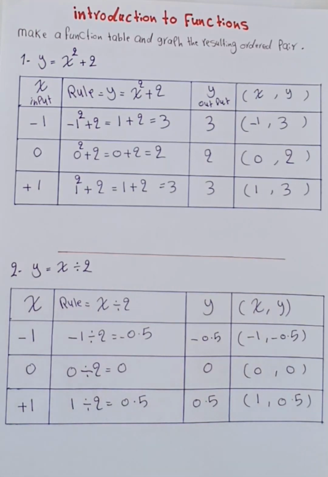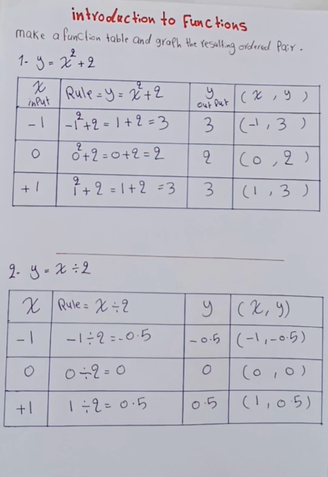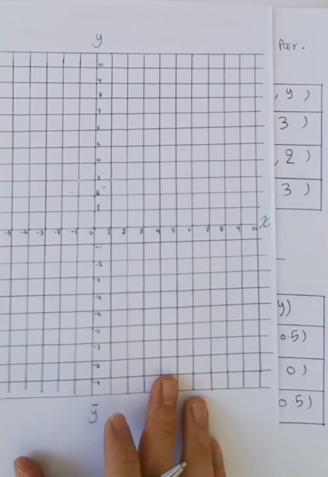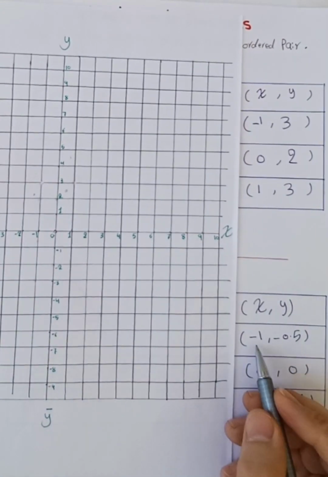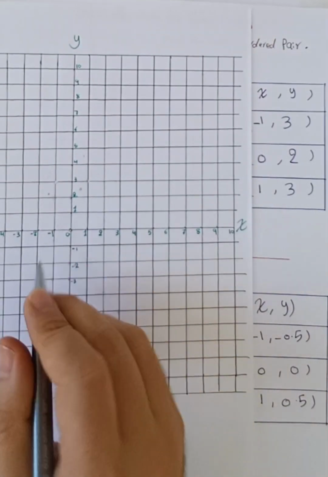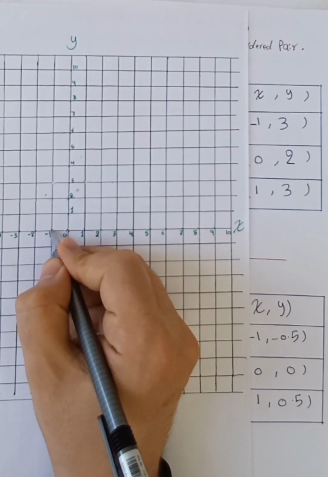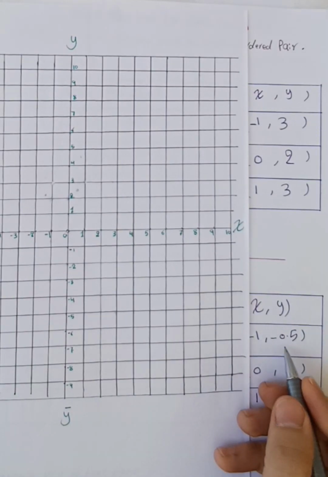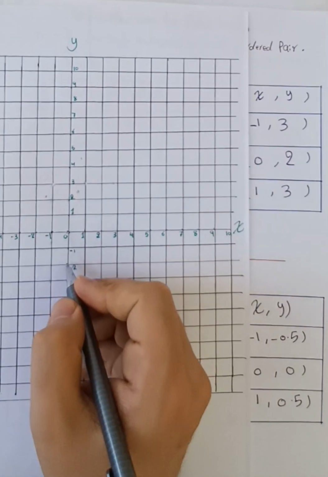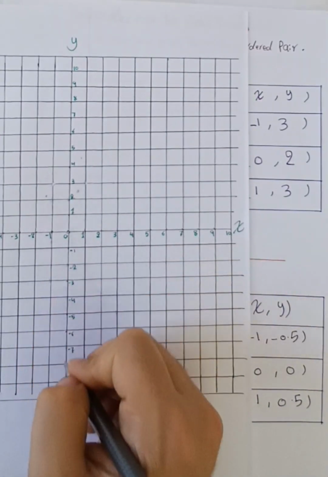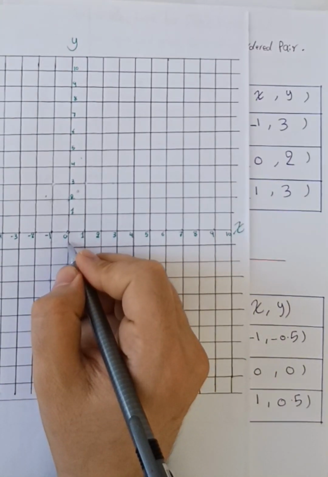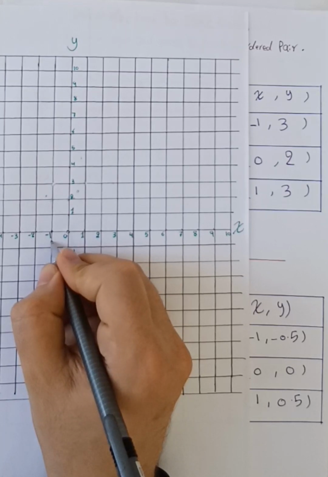And then we can graph these 3 ordered pairs on the coordinate plane. X is -1, so this is -1, and -0.5 is y. So this is negative y here, and -0.5 should be here.